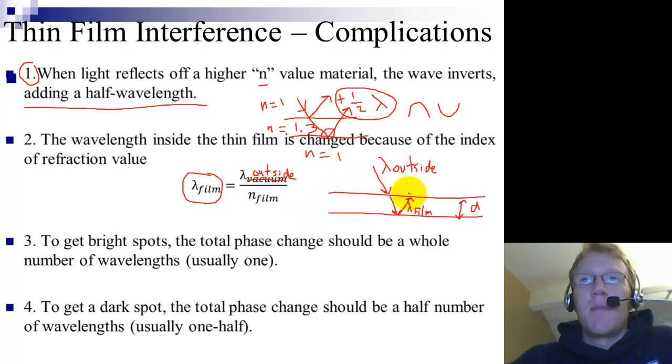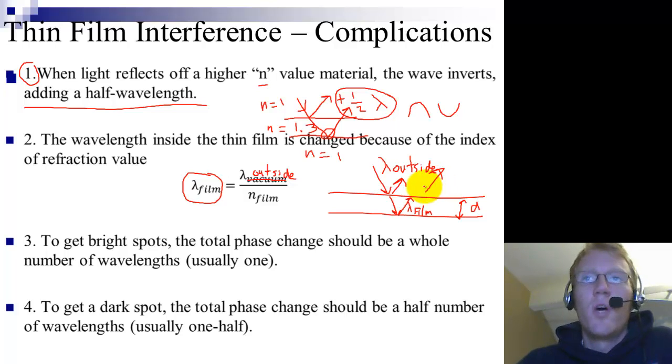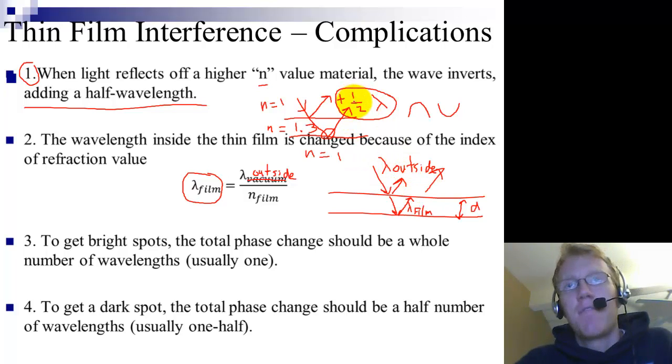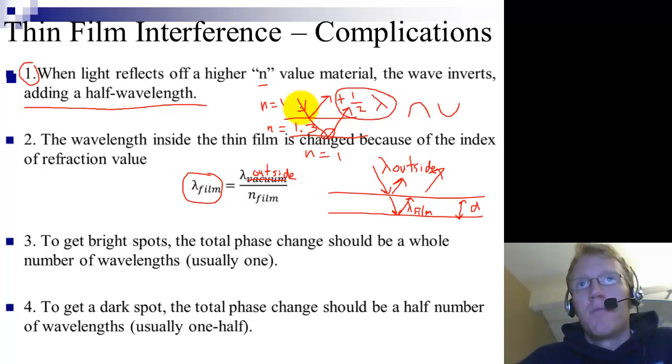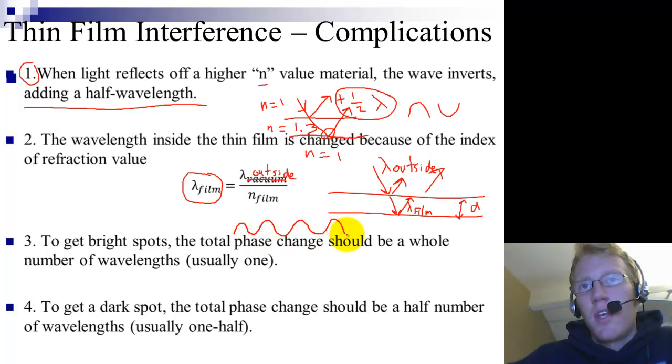So if you want to get bright spots on the outside, so that these two coming out are in phase, then the total offset should be 1 wavelength or 2 or 3, a whole number of wavelengths. So you might pick up 1/2 or a whole wavelength from the reflection off the surfaces, and you might also pick up 1/2 or a whole wavelength from this extra distance traveled inside of the thin film. So you can imagine a wave is going along like this, and it has a certain wavelength.